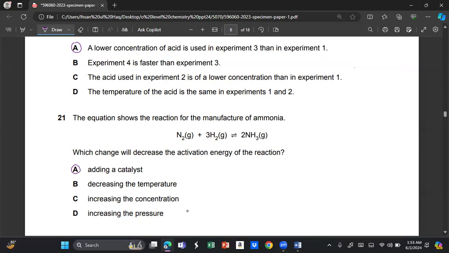No, it is an exothermic reaction. Increasing temperature does not decrease the activation energy. Increasing the concentration? No. Increasing the pressure? By increasing pressure, the reaction goes forward. It has nothing to do with the activation energy.